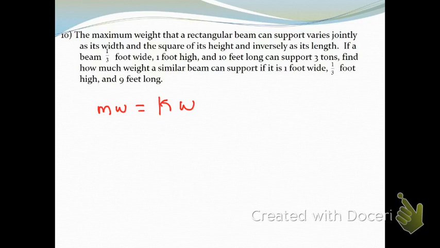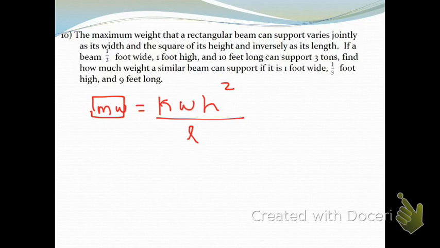That's why I use W. Times its width and the square of its height, and inversely with its length. Everybody cool with that? Okay, so now I give you these measurements, find K, and then answer the last part.